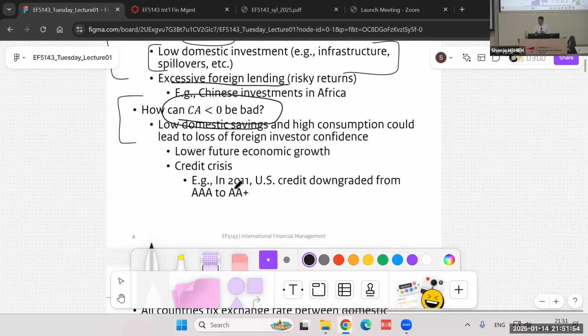An example was during 2011, there was a credit downgrade for the US. But let's not talk about the US, maybe one of those South American countries in which their credit becomes really, really bad and there's no way they can service their debt, then you lose money, right? Investors in your country's debt won't be able to recover their initial investments.